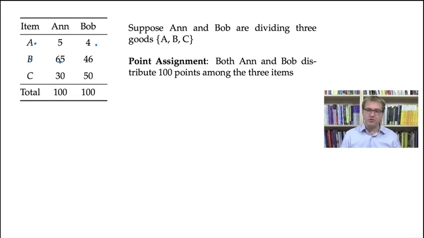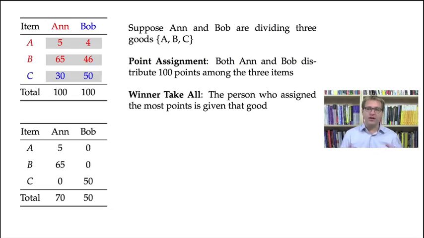Now, in the first round of the algorithm, it's a winner-take-all approach. The person who assigned the most points is given that good. So Ann is given the goods A and B because she assigned more points than Bob did. And Bob is given the good C because he assigned 50 points while Ann only assigned 30 points to it.